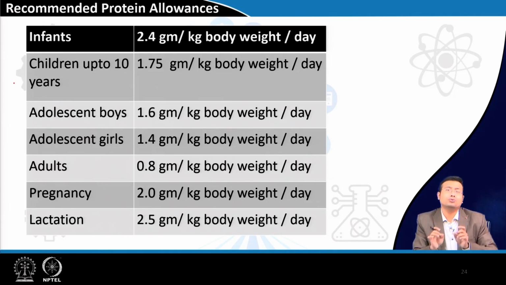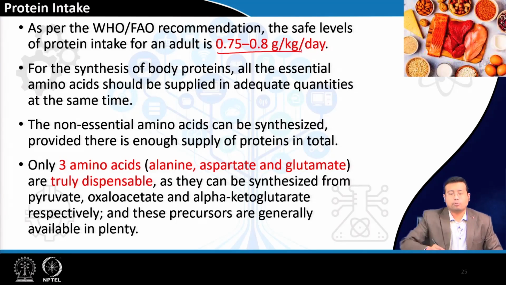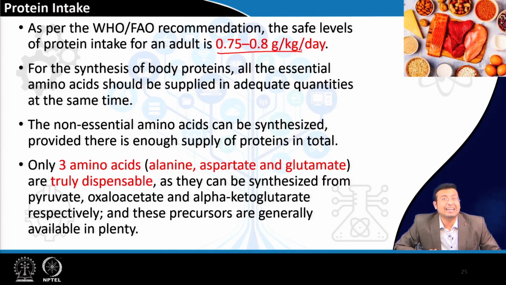These values you need to memorize for multiple choice question purposes, and this might vary from country to country, state to state, or even institute to institute, based on your diet formulary. So, be mindful. You can stick to the WHO standard and quote that as a reference when answering in exams. Regarding protein intake, as per WHO, it is 0.7 to 0.75 to 0.8 gram per kg body weight per day.